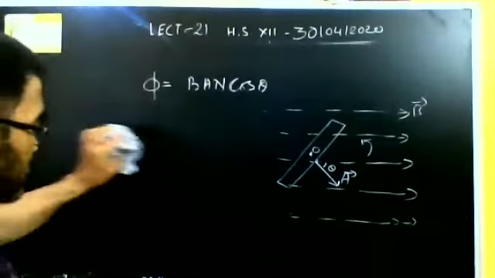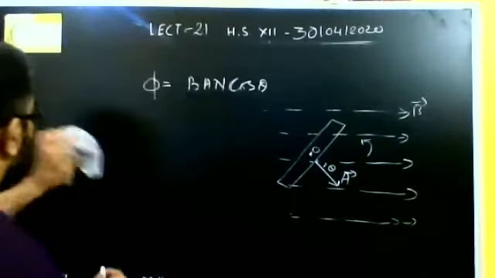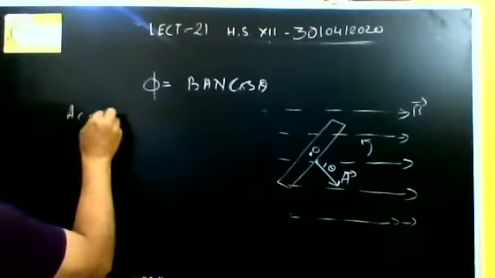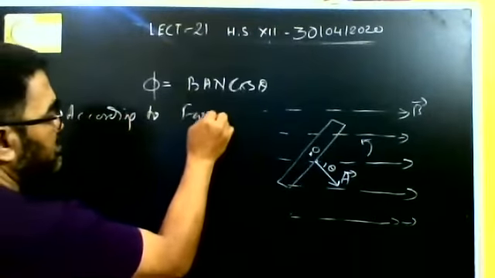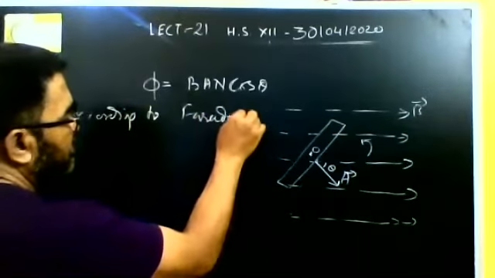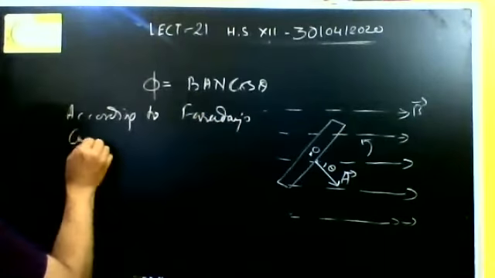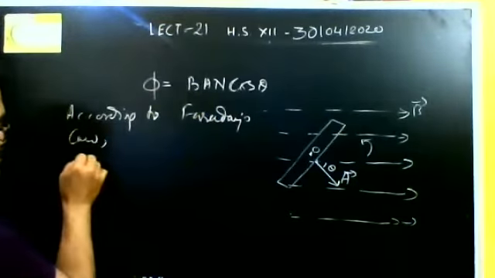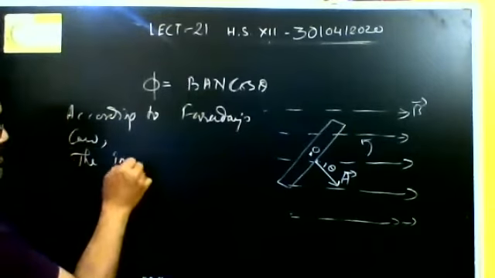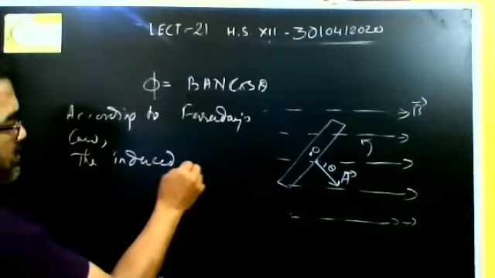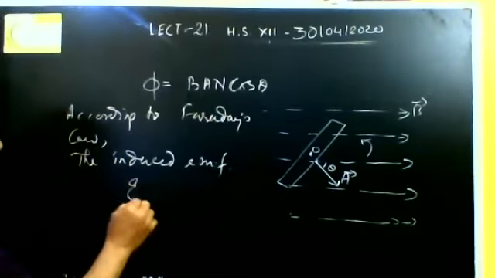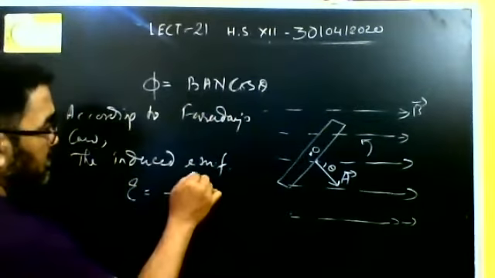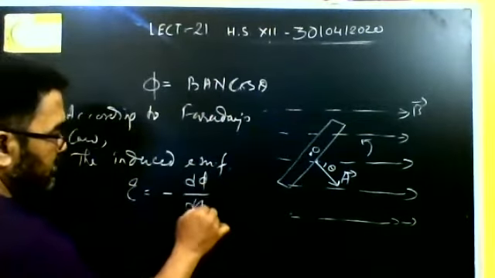So, according to Faraday's second law, the induced EMF is given by minus d phi by dt.